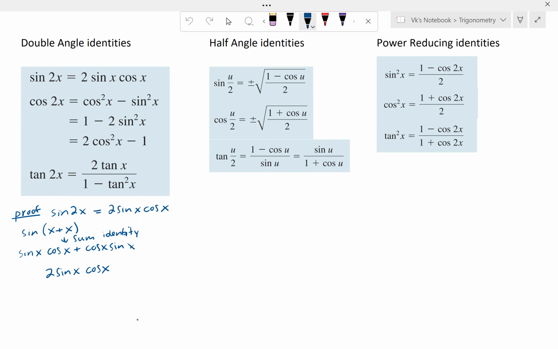Here comes one of the proofs. We're going to show that sine u over 2 is equal to plus or minus the root of 1 minus cosine u over 2.